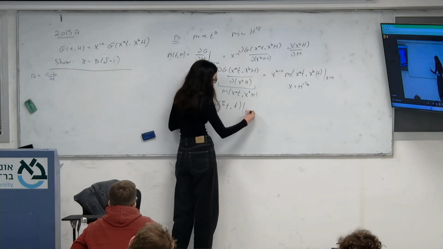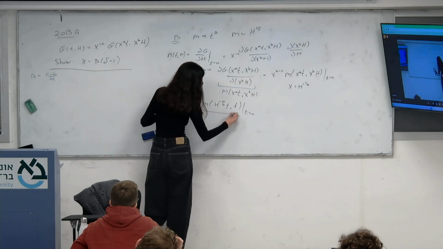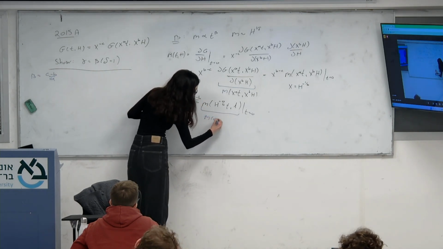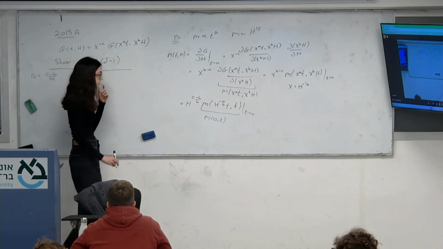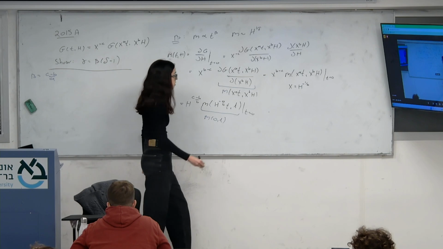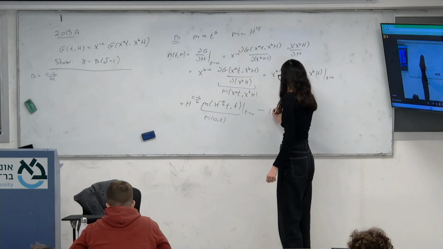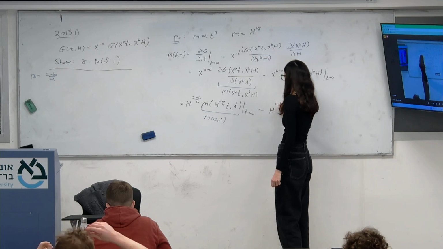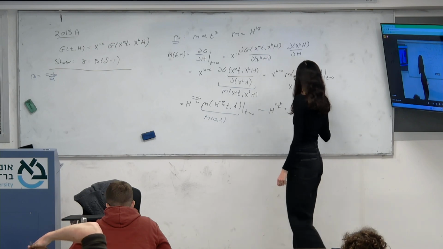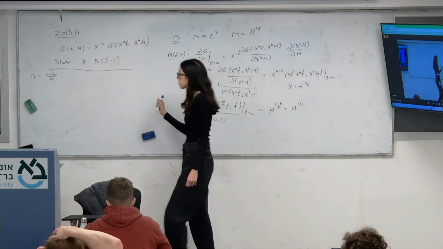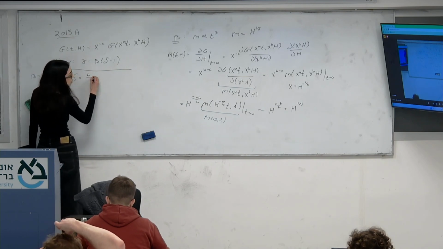And now we take t equals 0. So this is m of 0 and 1, which is again just a constant. So overall, all of that is proportional to h^((c-b)/b). So this is h^(1/delta), and then delta is b over (c-b).